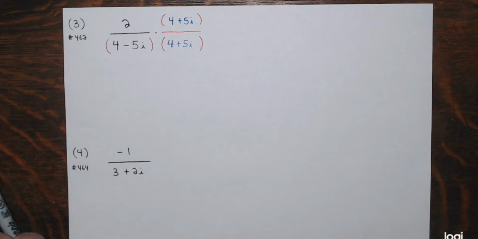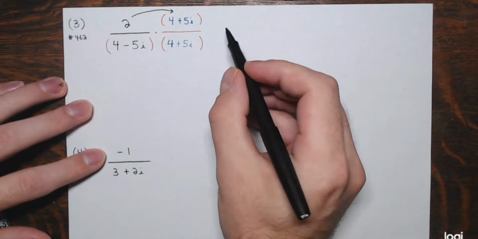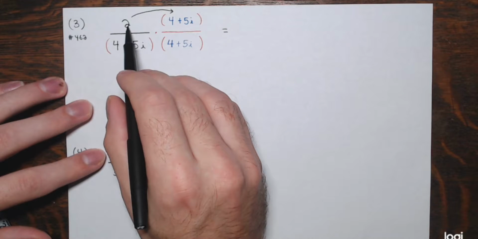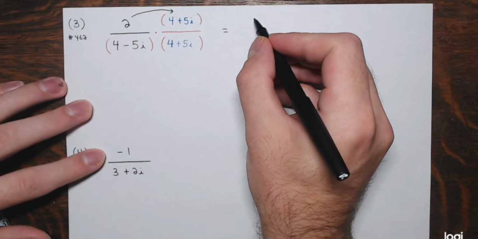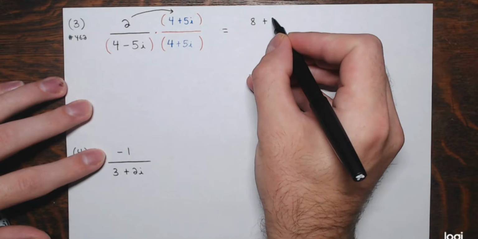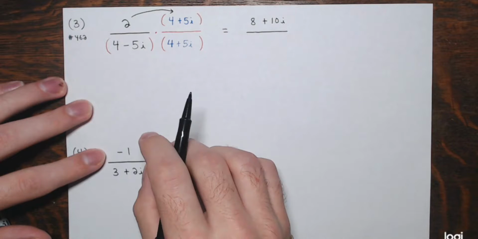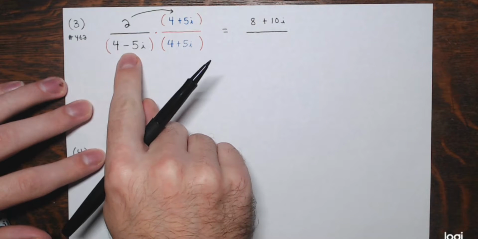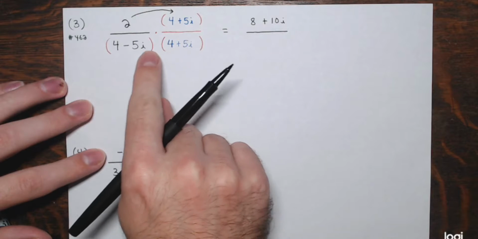Alright, so the numerator is simple, and it's only one thing to distribute. Just distributing that 2: 2 times 4 plus 5i would be 8 plus 10i. And then the denominator, 4 minus 5i times 4 plus 5i. I'm multiplying complex conjugates.